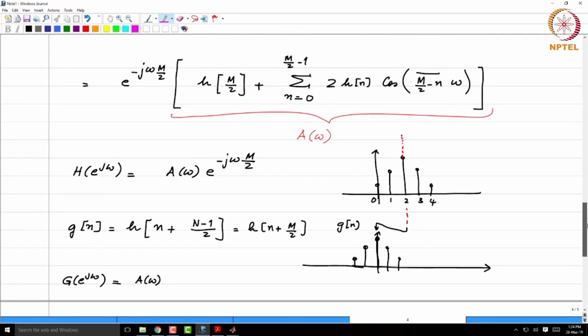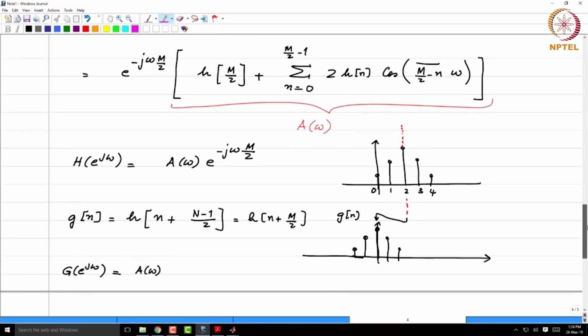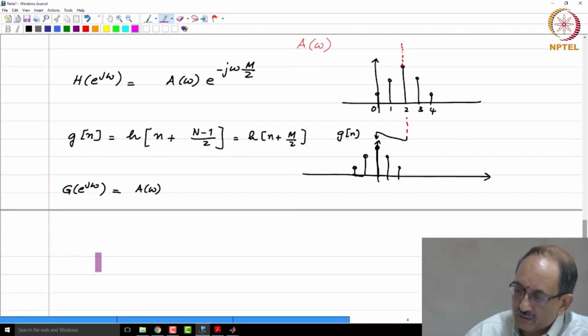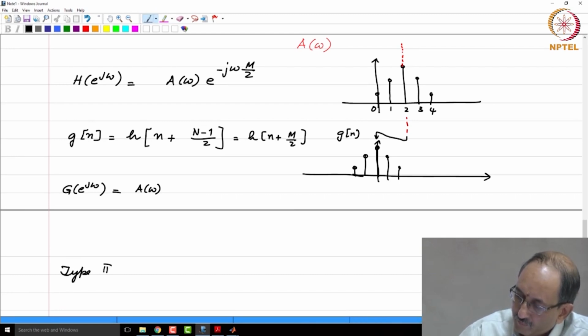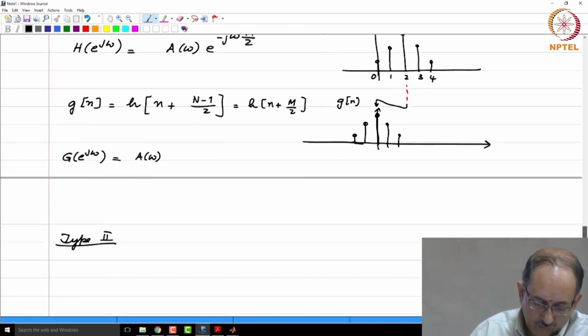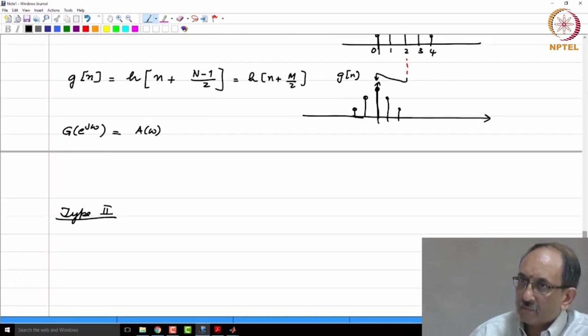And once you see the form for type 1, type 2 can almost be guessed. Remember, type 2 is even symmetry, but even length, which means there is no center sample.